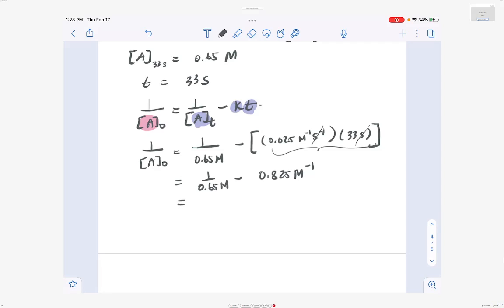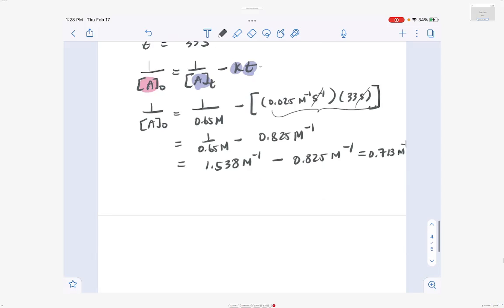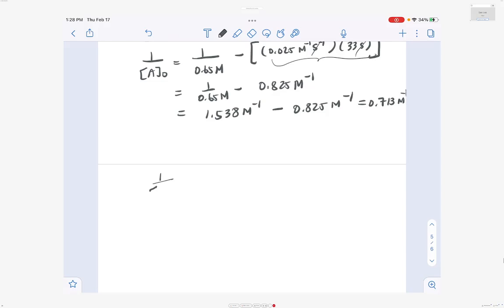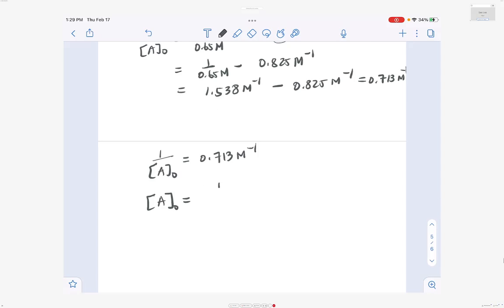And then if you do this math, you have 1.538 inverse mole minus 0.825 inverse mole, that is 0.713 inverse mole. Okay, so then we have 1 over initial concentration of A equals 0.713 inverse mole. The initial concentration of A is going to be 1 divided by 0.713 inverse mole, that is 1.40 mole.